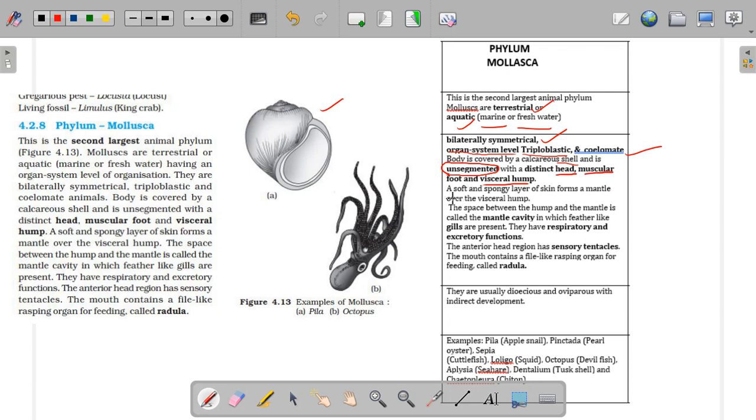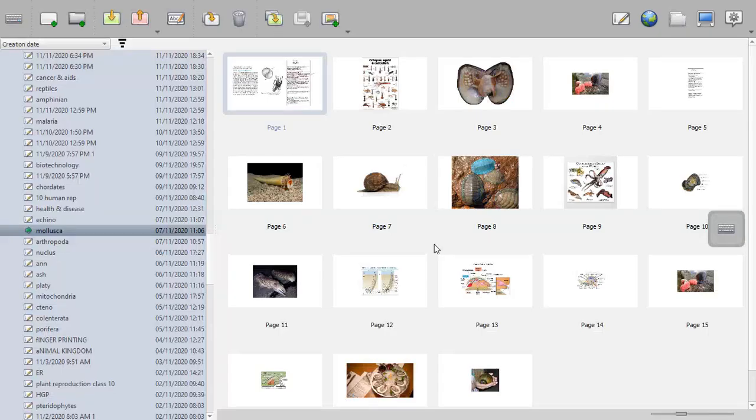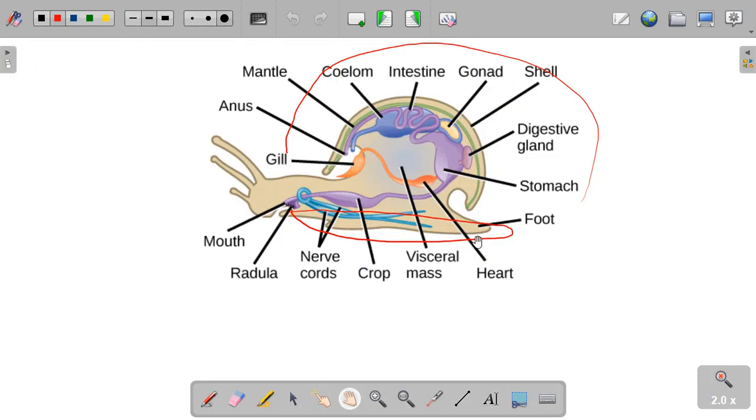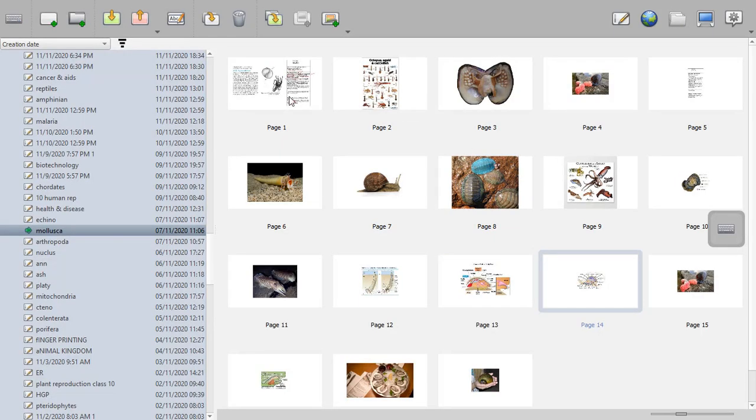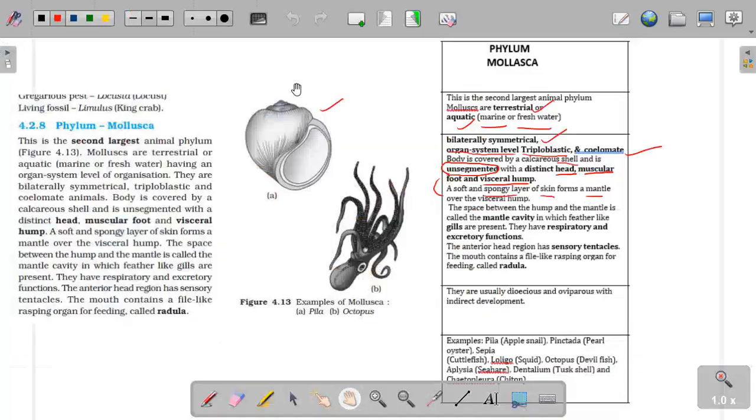The body has a soft and spongy layer of skin that forms a mantle over the visceral hump. So just now you have seen that the body has soft skin all over, covering the mantle part, and they have a space between the hump, that means the outermost hump, and the mantle.